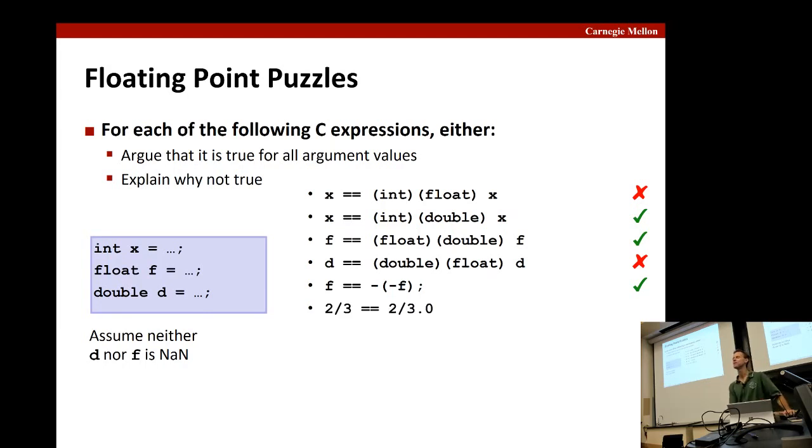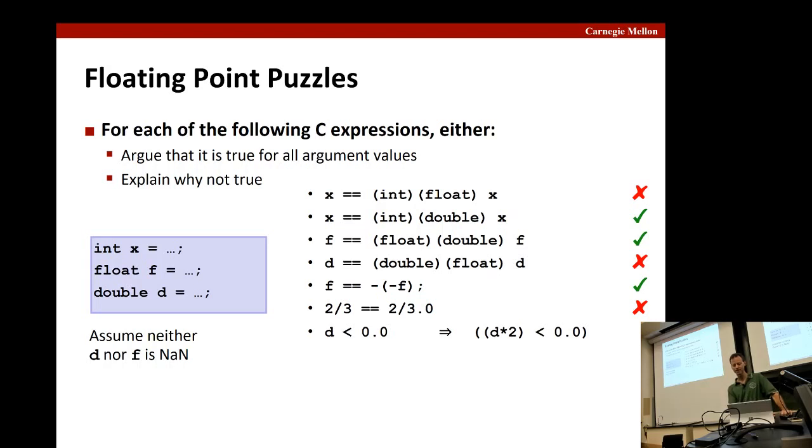This may have bit you in a few C programs in your past. Right, 2 divided by 3 without the decimal point is interpreted as integer division, so it would be 0. Once you put the decimal point in there, it's going to be interpreted as floating point arithmetic. So you'd get 0.66.